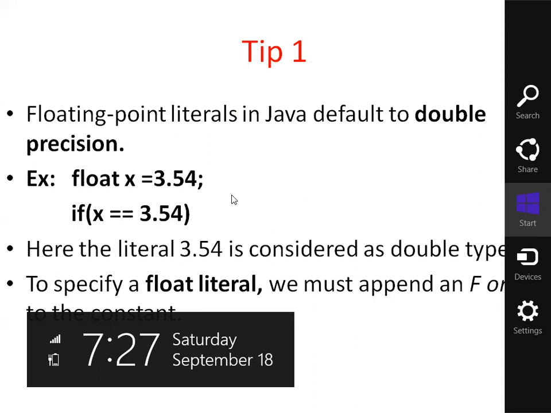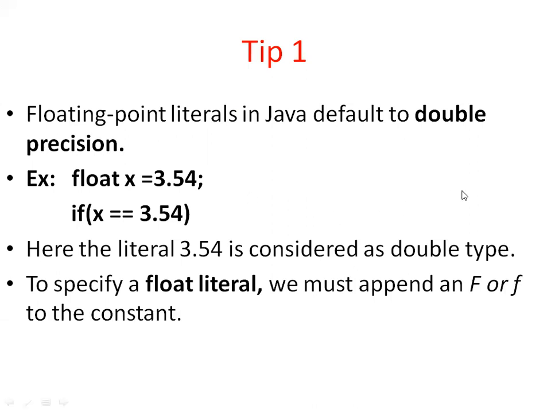That is the more accurate precision. Since this is double type and this is float type, does the condition become true or false? We need to check. What is your answer?